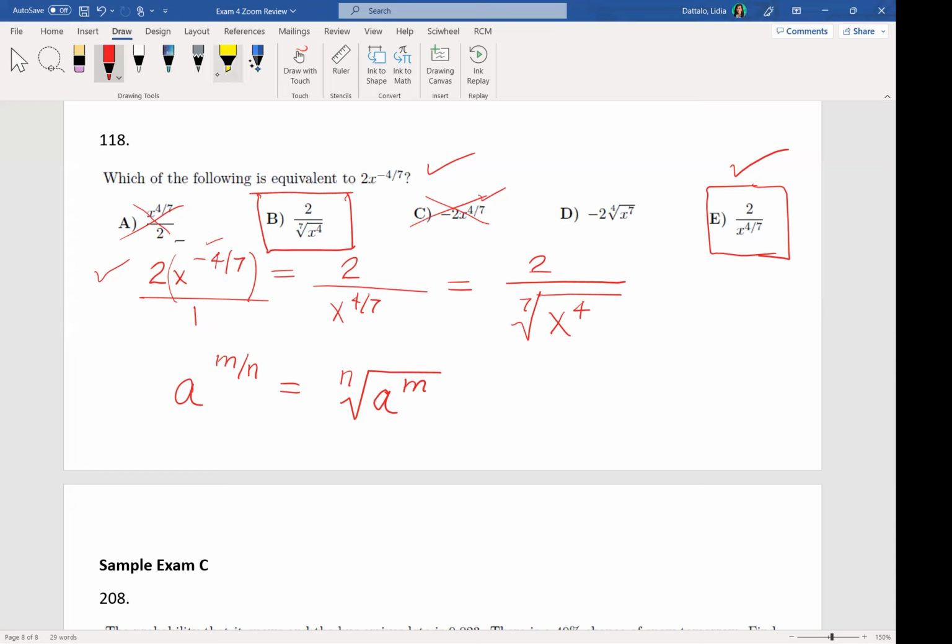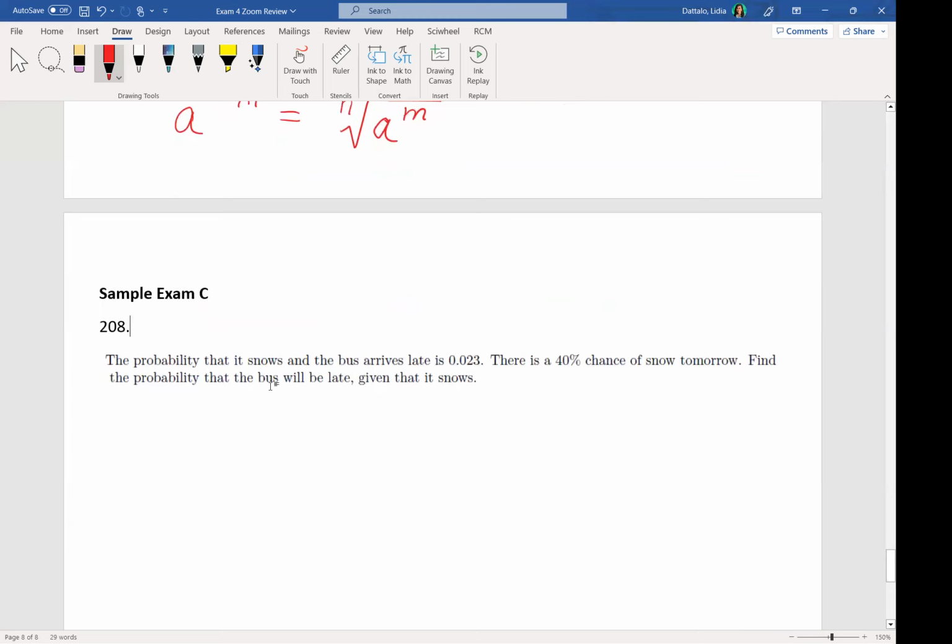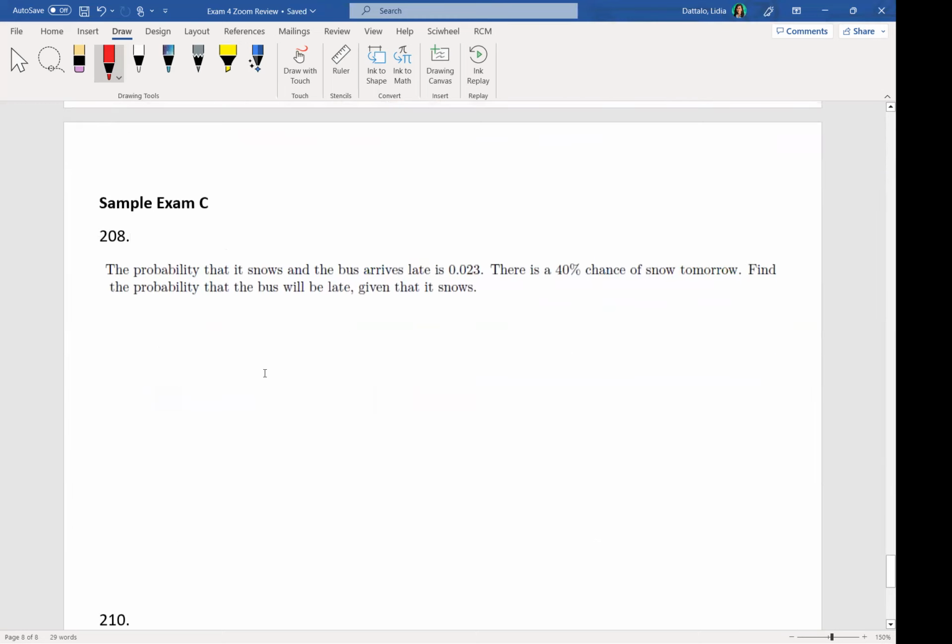All righty. All right, let me do a couple more here that I have. The probability that it snows and the bus arrives late is 0.023.